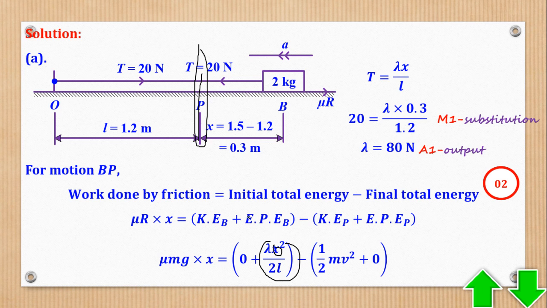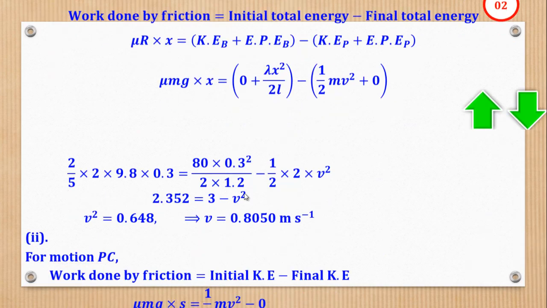Therefore, there will be no elastic potential energy. Elastic potential energy is available when there is an extension in terms of strings or a compression in terms of springs. So that is why we are only dealing with kinetic energy.